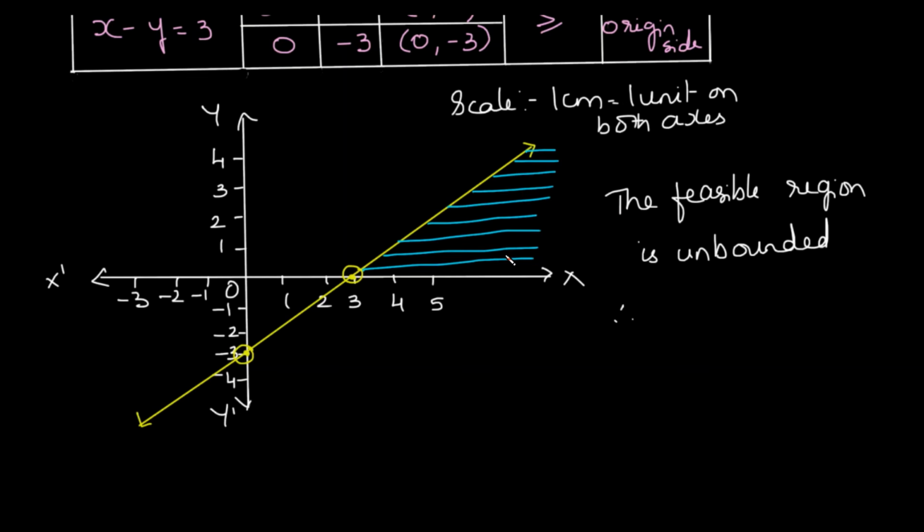See, they have told us to maximize, but we don't have any particular maximum value for this particular region and function. Why so? Because we get the feasible region which is unbounded. It can be extended to any extent. So therefore we conclude that the objective function can be increased indefinitely.